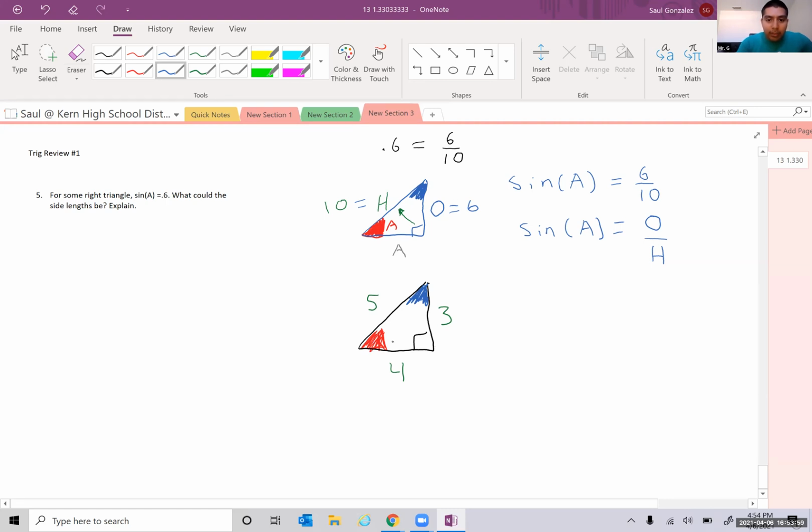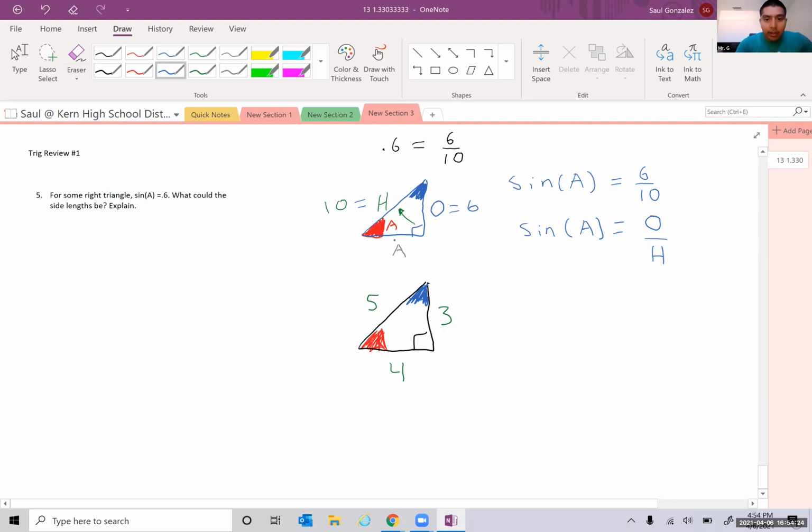The bottom side that contains the red angle and this 90-degree angle is 4. And on this side is also, well, we don't know, right? It's A, the adjacent side. On this side, this 5 is between, or this side length contains this red angle and this blue angle, while on this one, the H is 10.